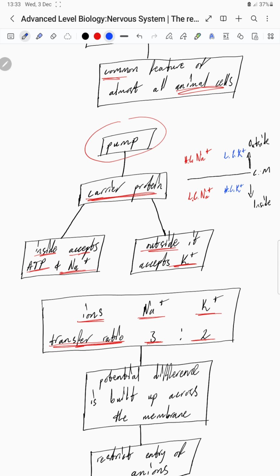So we said a sodium pump on its own pumps sodium from low concentration to high concentration.